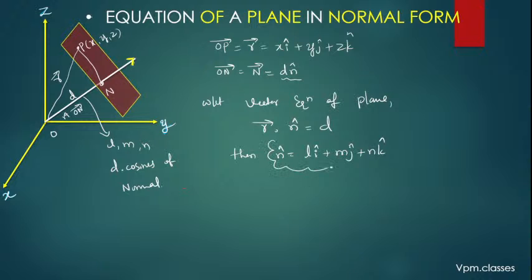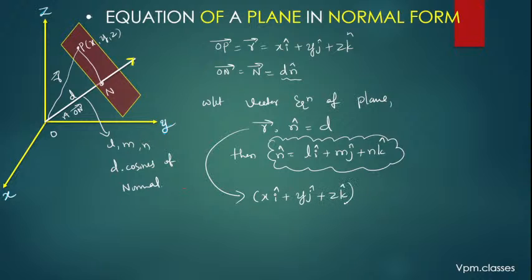So this point you should note. Therefore, in the further step, I can simply write my r vector x i cap plus y j cap plus z k cap dot l i cap plus m j cap plus n k cap, that is equal to d.